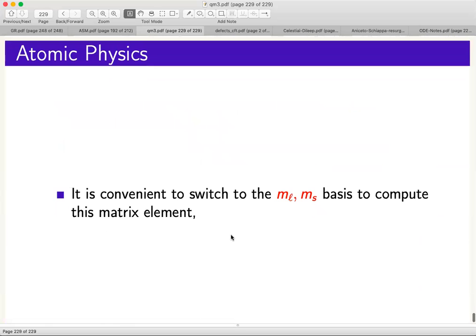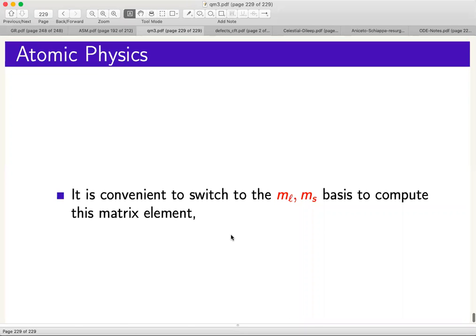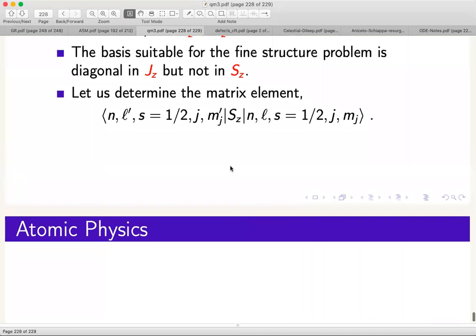I had an expression, but it had some problem. So I think I'll stop at this point. We will do a few steps in the ML-MS basis, and then we'll take it up as to how to deal with this problem even without changing the basis.